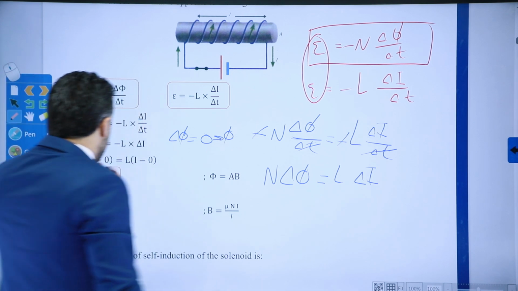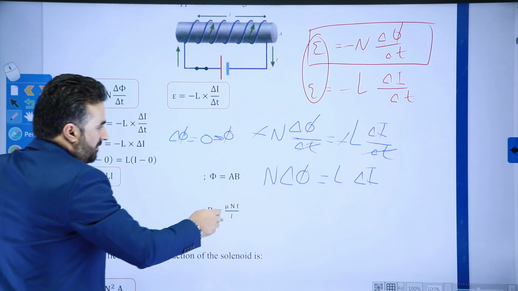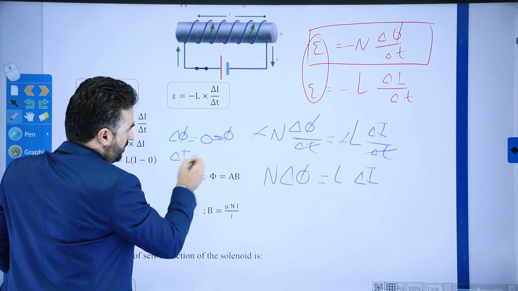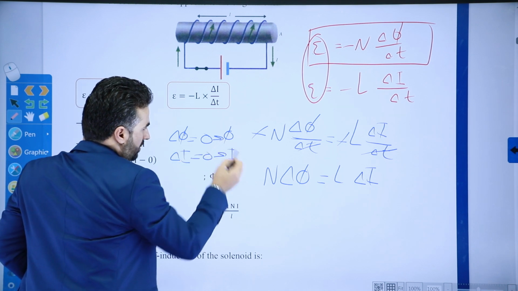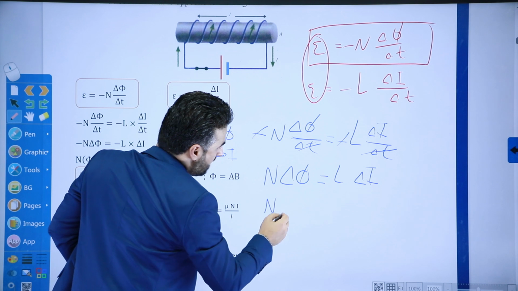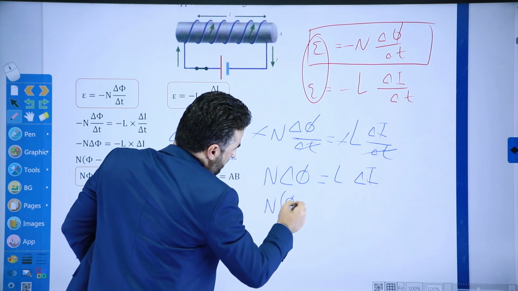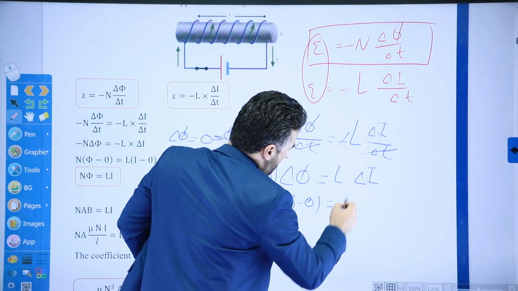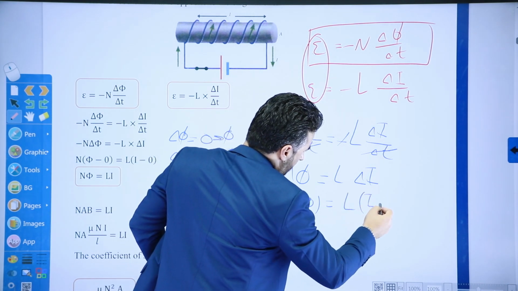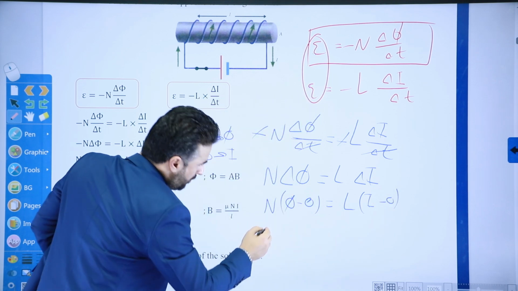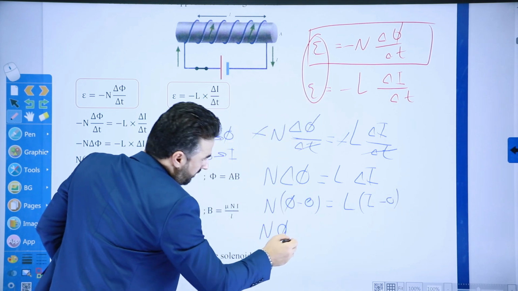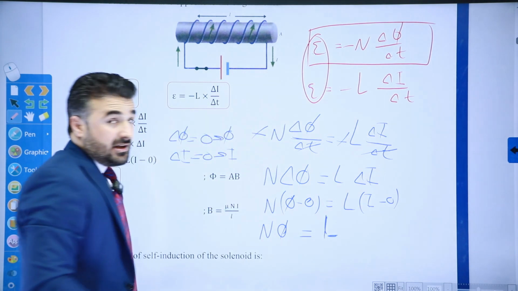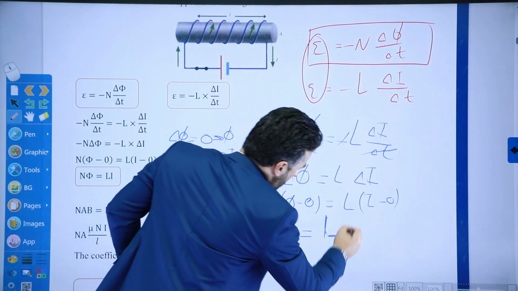The same thing goes for the current: it starts from 0 to a certain final value. So we can say N times the flux minus 0 equals L times the final current minus 0. So we have N times the magnetic flux equals L, the coefficient of self-inductance, multiplied by the current.